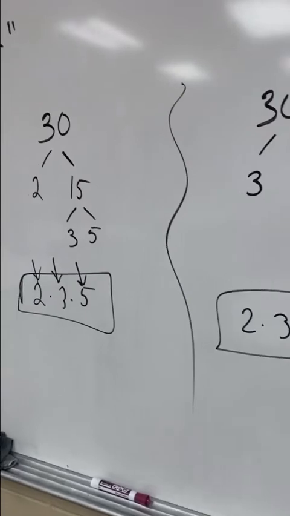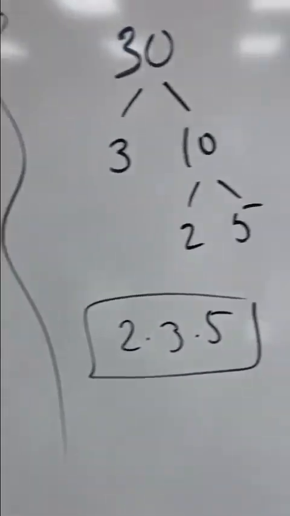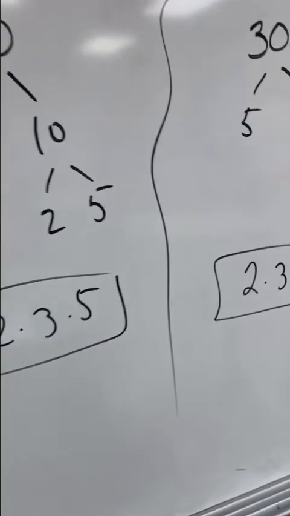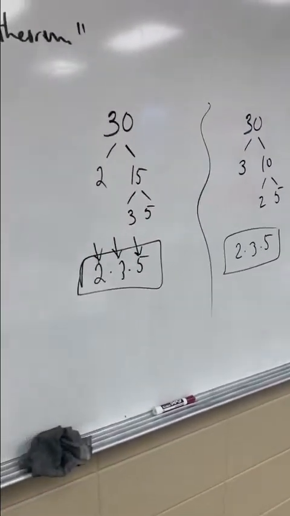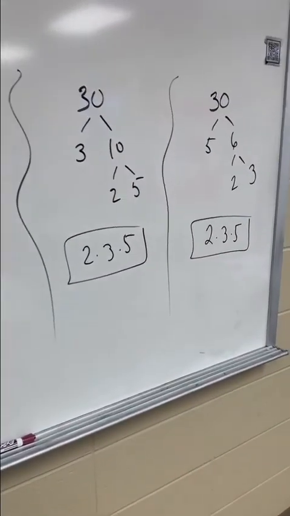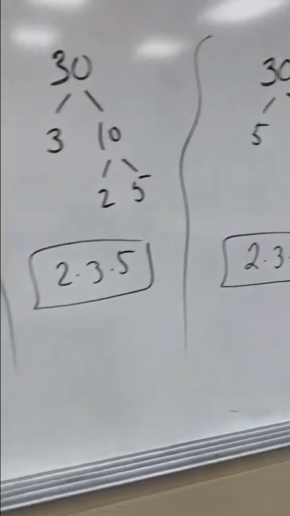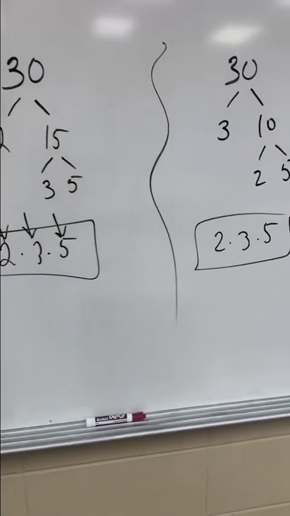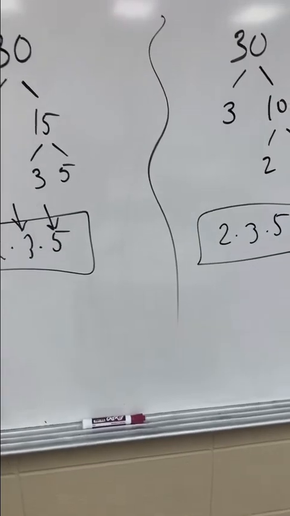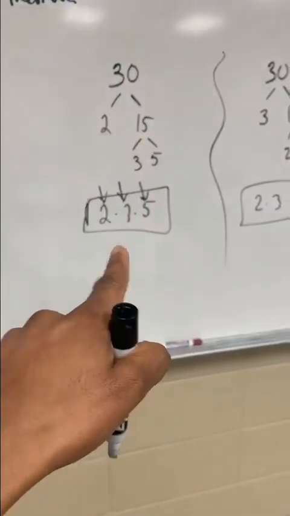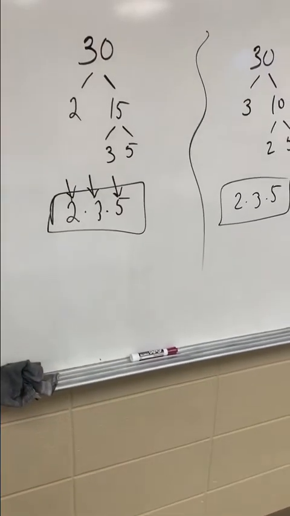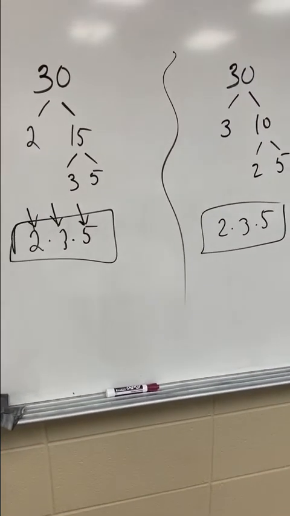And what I noticed was a lot of students have a hard time simplifying fractions because they were simplifying from the point of integer factorization. But remember, with integer factorization, you have many ways that you can write a number. But when you do a prime factorization, you only have one way. And because of that, it makes it easier to simplify fractions.